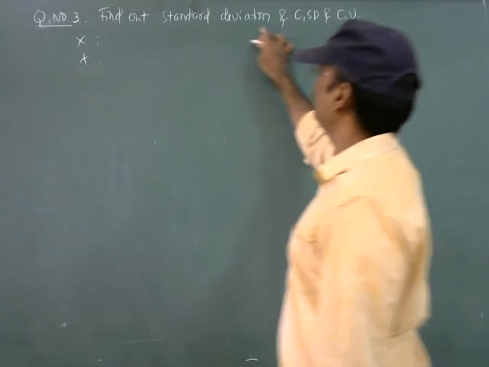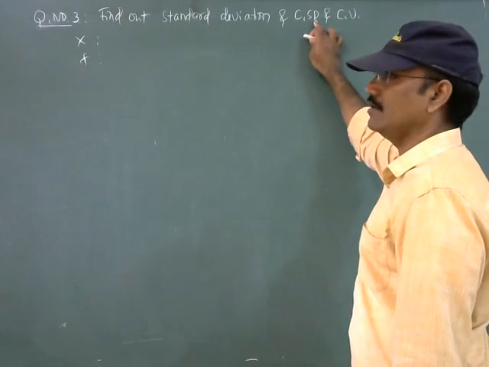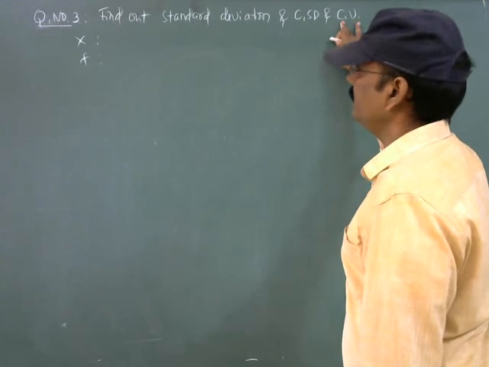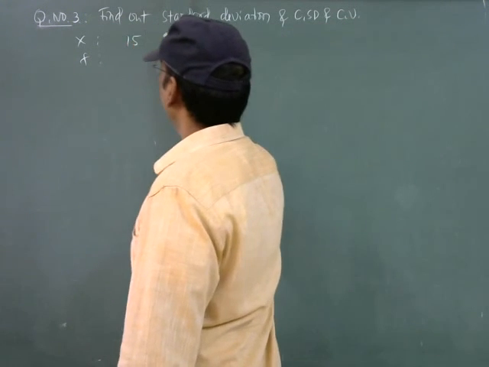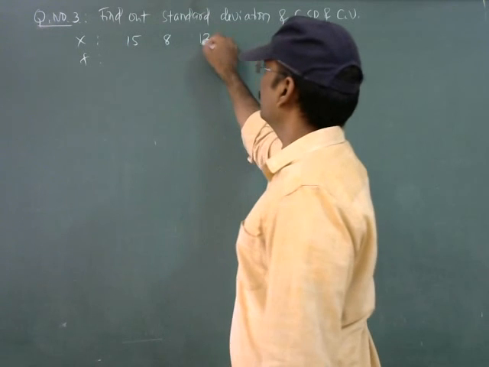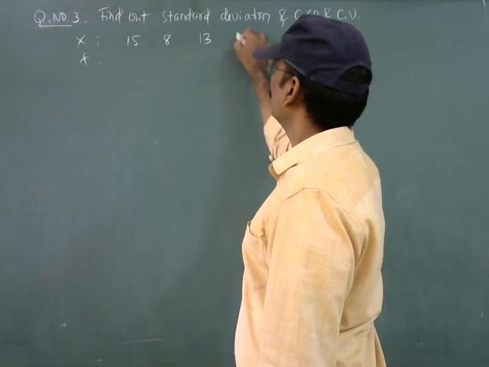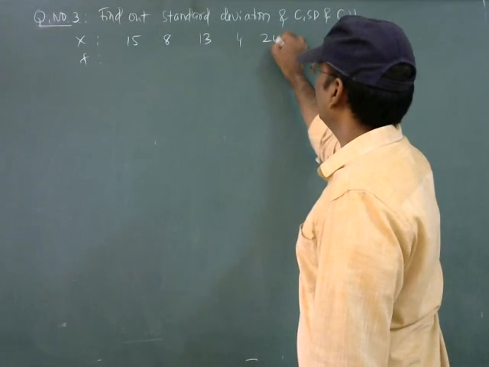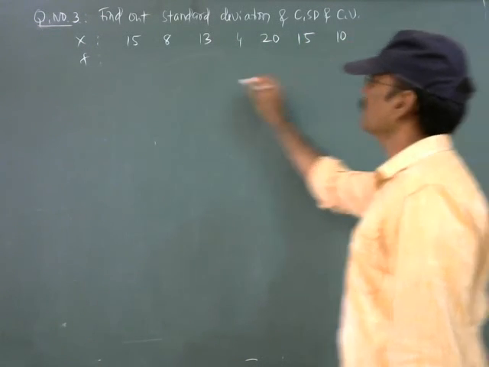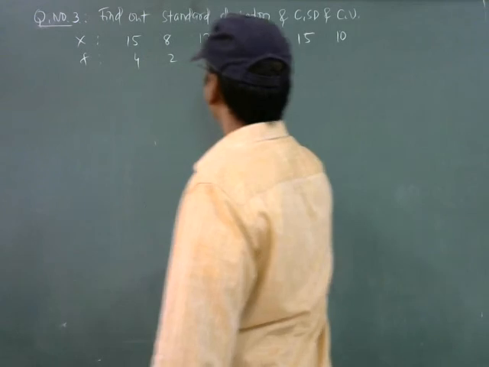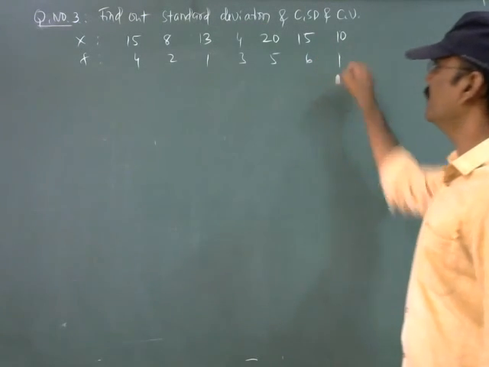Find out standard deviation, coefficient of standard deviation and coefficient of variation. The question is like this: 15, 8, 13, 4, 20, 15, last is 10. Frequency 4, 2, 1, 3, 5, 6, 1.